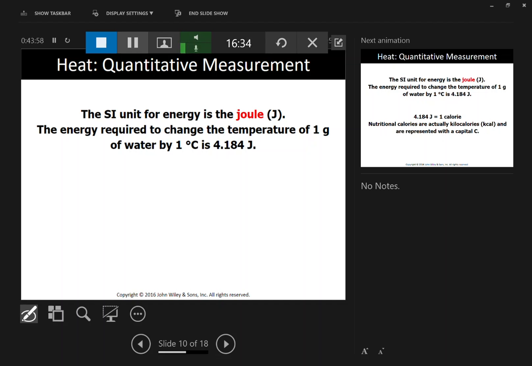Now, sometimes from chemical reactions, heat is produced. So it is important for us to know if heat is produced or used during a chemical reaction. And also, it's very important for us as scientists to know the quantity, the amount of heat that is either released or used during a chemical reaction.